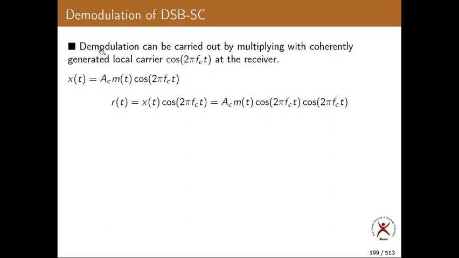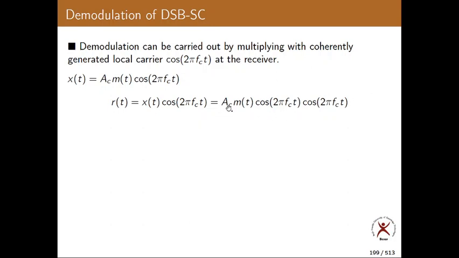I have written it clearly, you can read it: demodulation can be carried out by multiplying with a coherently generated local carrier at the receiver. So you multiply your modulated signal with a carrier signal, and this is demodulation.